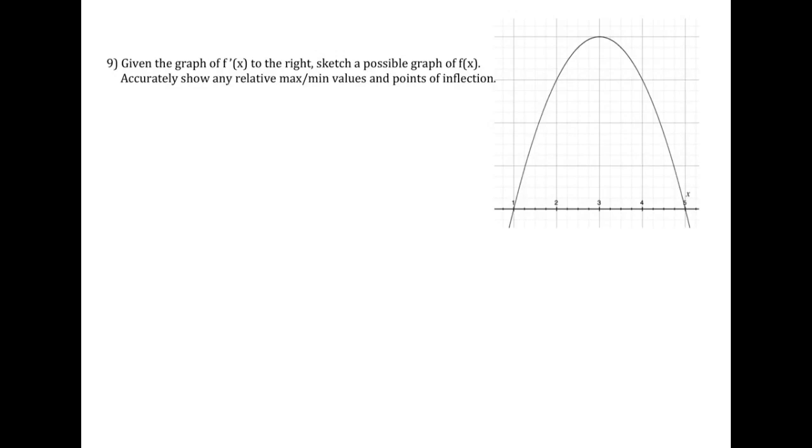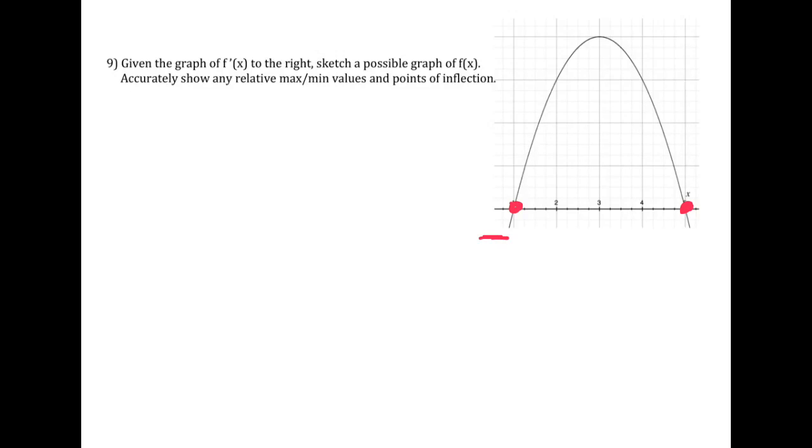So things to remember is that anywhere the derivative is 0, that's corresponding to your function having a slope of 0, which means you either have a max or a minimum value. Now remember, the derivative is quite literally telling you the slope of your function. So if you look to the left of that first 0, we can see that the derivative there is negative, which means our graph has a negative slope.